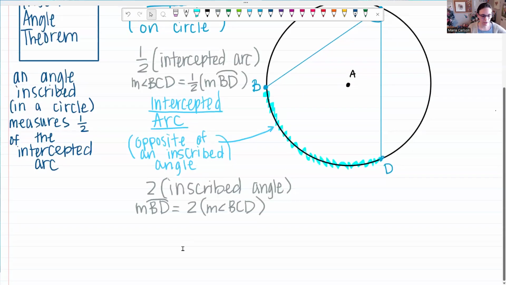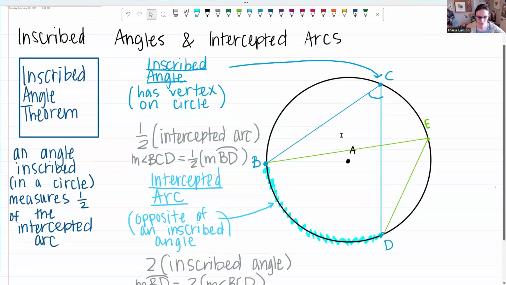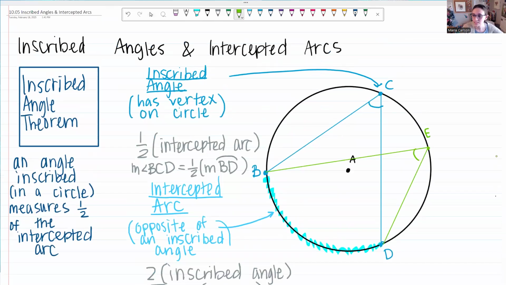All right, so what else can we do with this? Well, if I have two inscribed angles that have the same intercepted arc, so if I have the second angle BED, this has to have the same measure as the other inscribed angle.